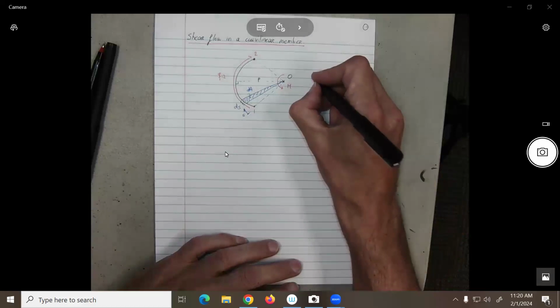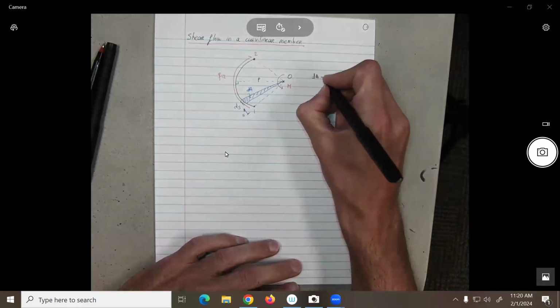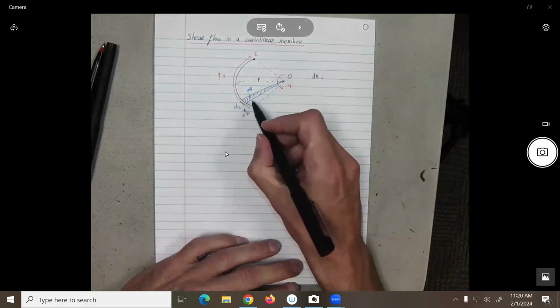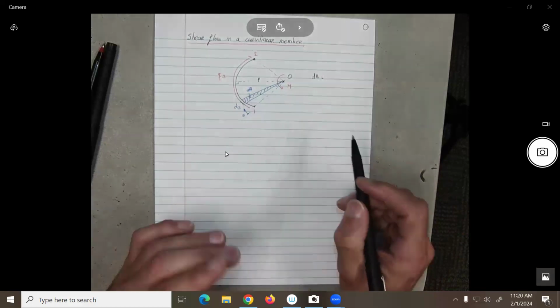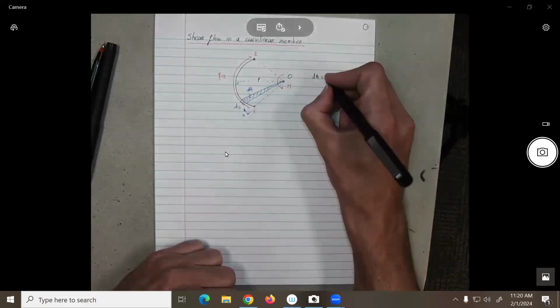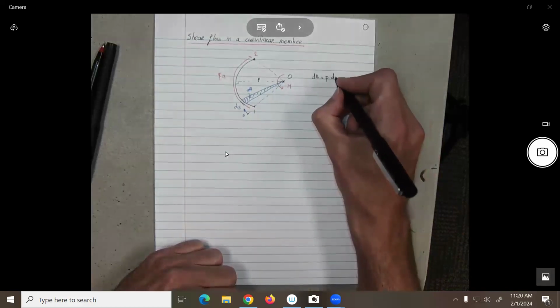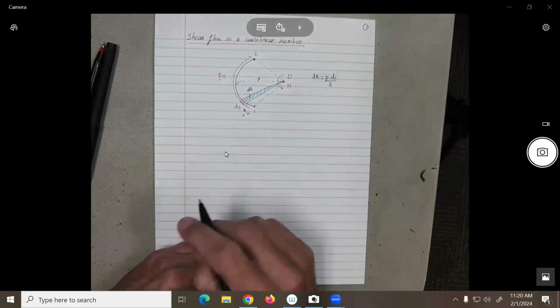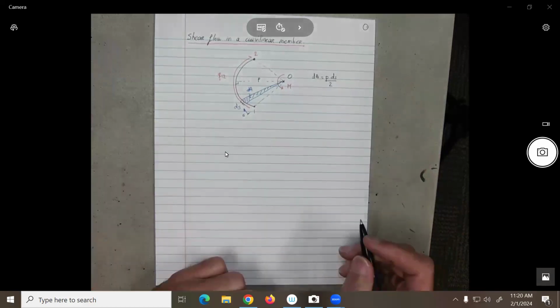Okay, so let's say that this little piece here is small enough. If it's small enough, we could assume that this little piece will be almost a triangle. No? So what will be the area of the triangle? Should be height times base divided by 2. Again, the derivation is not important, so don't worry about it.